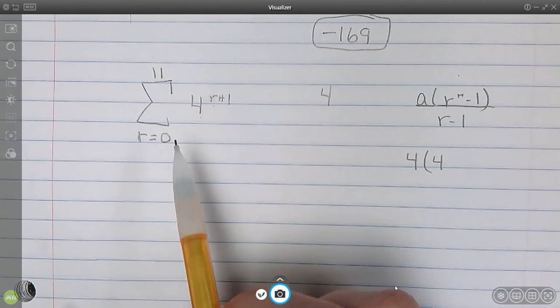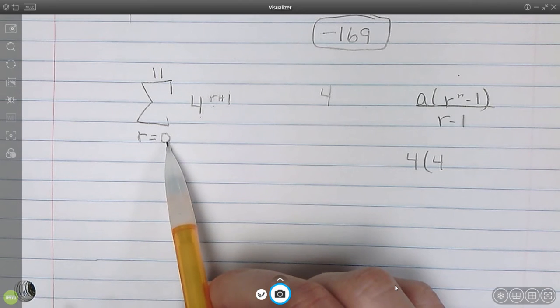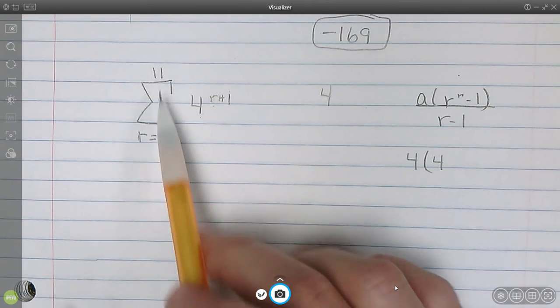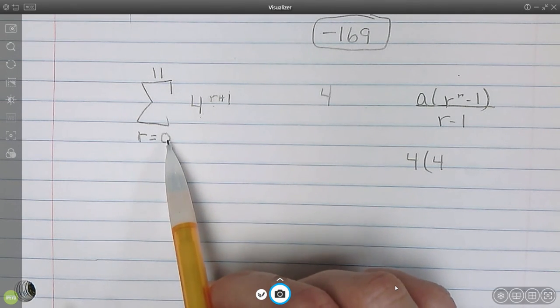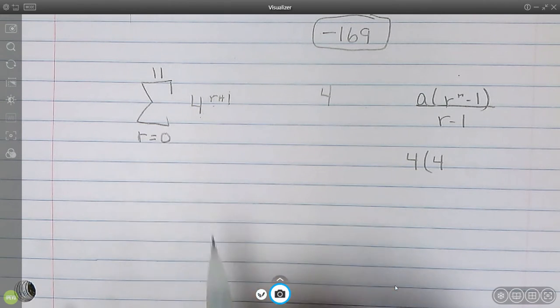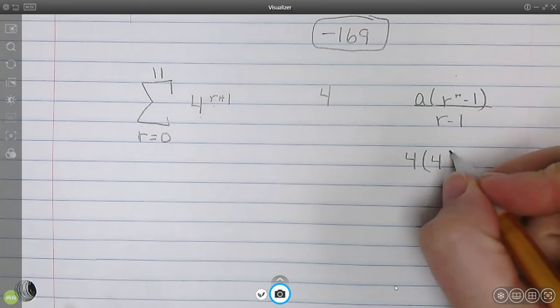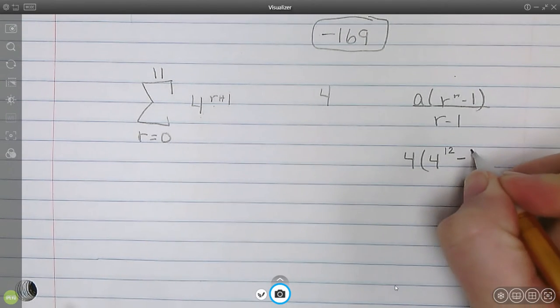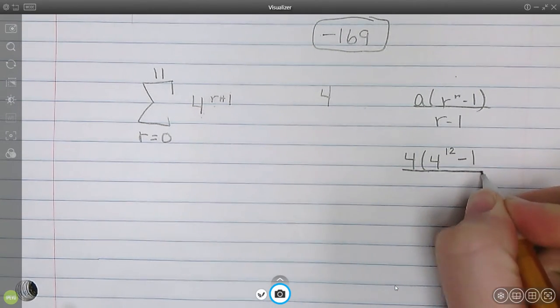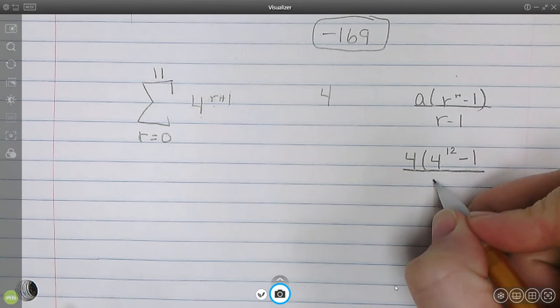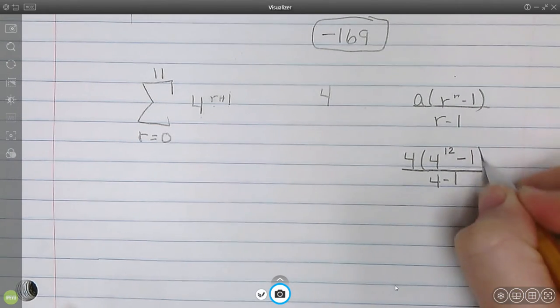We have the numbers 0 through 11. Remember, if you're subtracting, you only get 11, but there's technically 12 numbers here. You have the numbers 1 through 11, which is 11, and then you also have to count 0, which is 12. And then minus 1 over r, which is 4, minus 1.